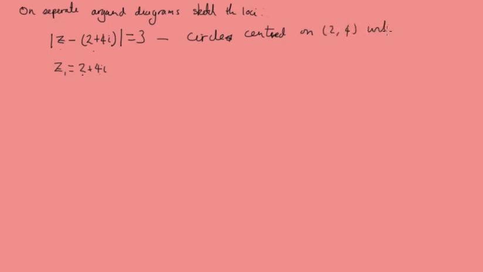So we've got z minus 2 plus 4i equals 3. So here, remember z minus z1, so z1 is going to be equal to 2 plus 4i. So this is going to be a circle centered on, so this is our x coordinate and this is our y coordinate, so 2, 4, with radius 3.